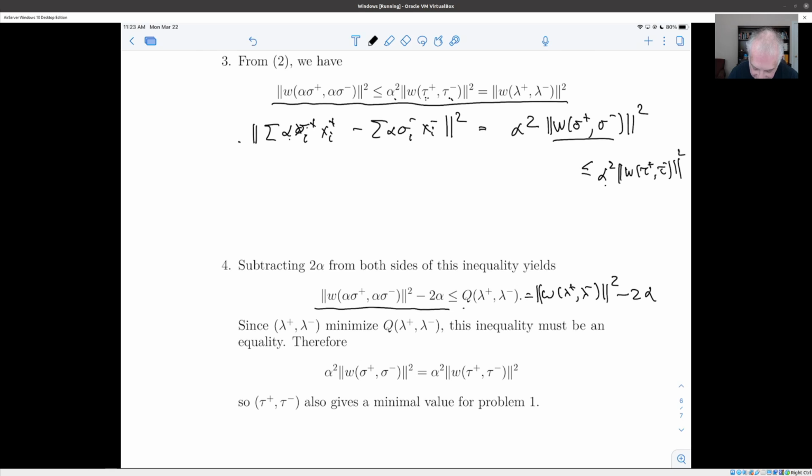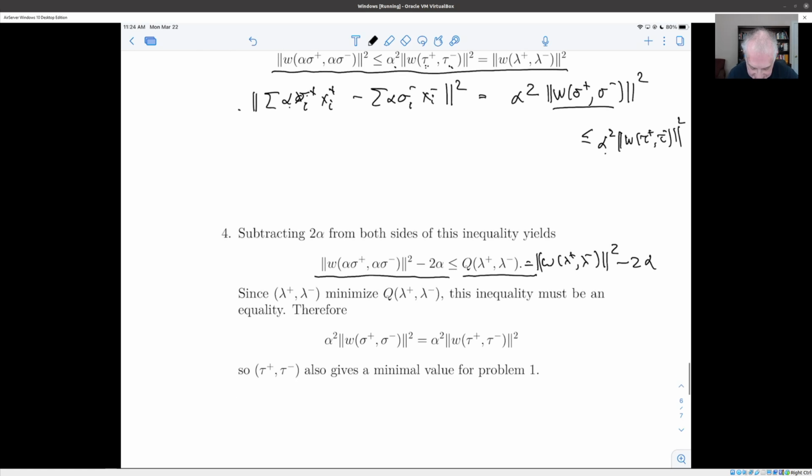We know that this value here, by definition, gives the smallest possible value of q. So if alpha sigma plus alpha sigma minus give an even smaller value, they must give the same value. In other words, it has to be the case that this side equals that side, because it can't be any smaller. This is the smallest it can be.